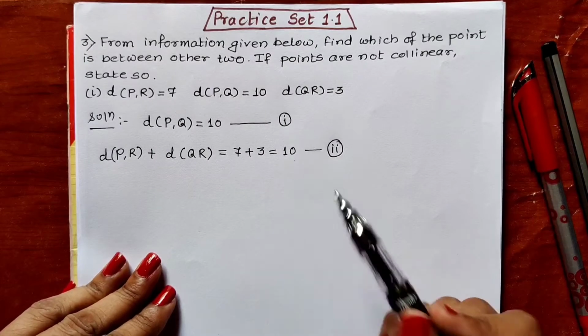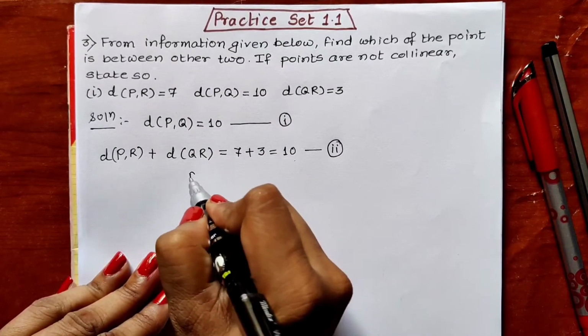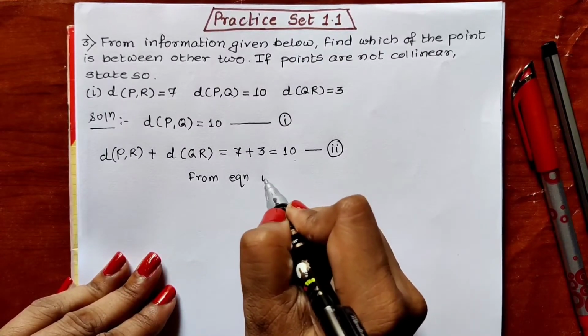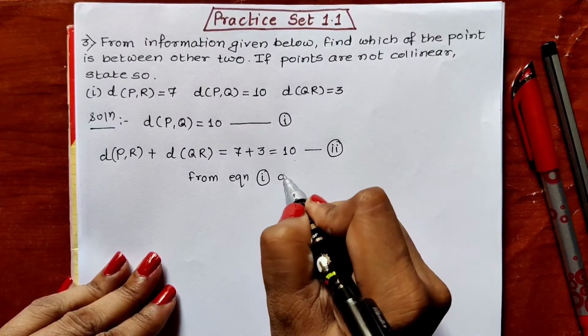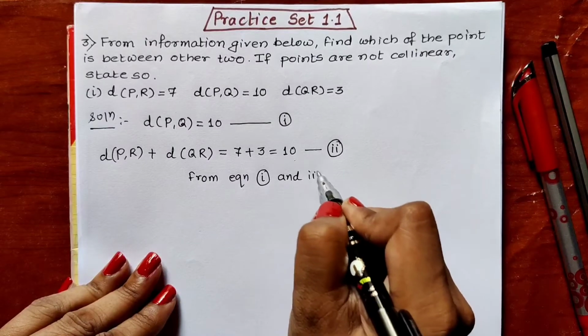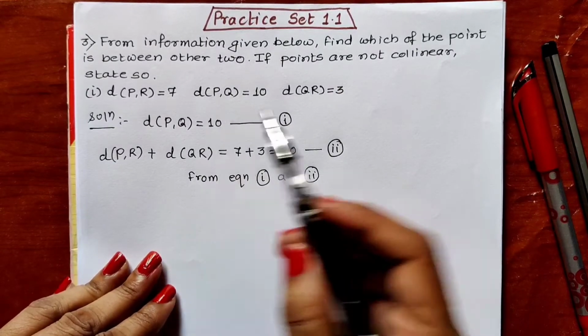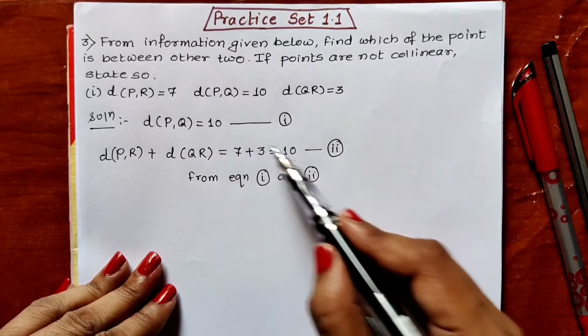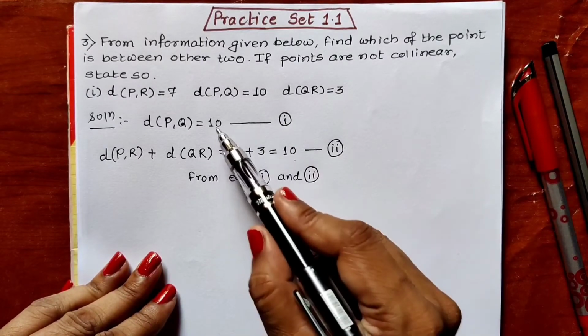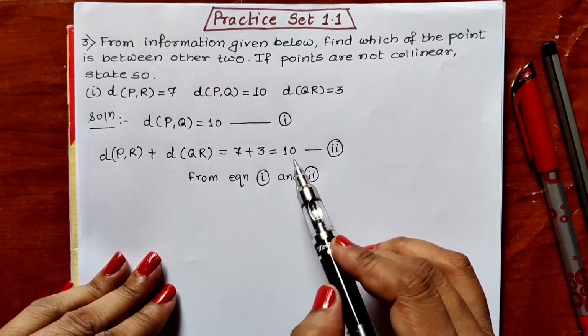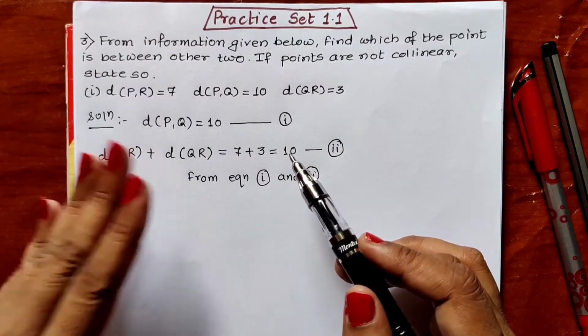From equation 1 and 2, what can we write? As both the answers are 10, the right hand sides of equation 1 and 2 are 10. As the right hand side is equal, the left hand side will also be equal.